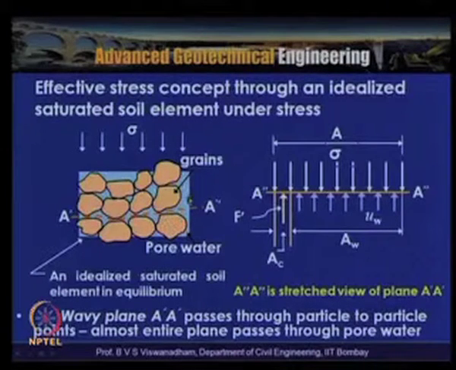This is the pore water, and sigma is the total stress, and we know that total stress sigma is equal to pore water pressure plus effective stress. This is an idealized saturated soil element in equilibrium, and the wavy plane A dash A dash passes through particle to particle contact points. Almost the entire plane passes through the pore water here.